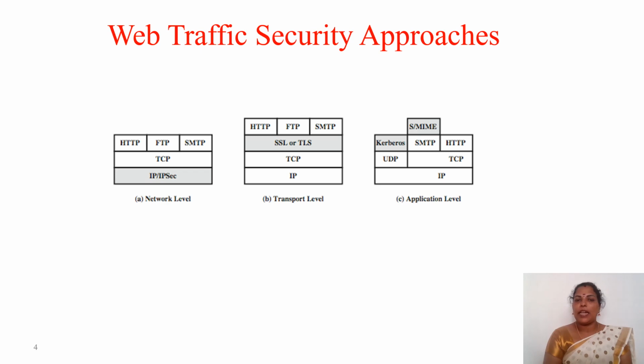From the network level, what security approaches are available for the web? At the network level we have IP and IP security, then TCP. Then in the application layer, we have HTTP, FTP and SMTP. So we have different security approaches for each layer. At the transport level, we have SSL or TLS, which we will be discussing.